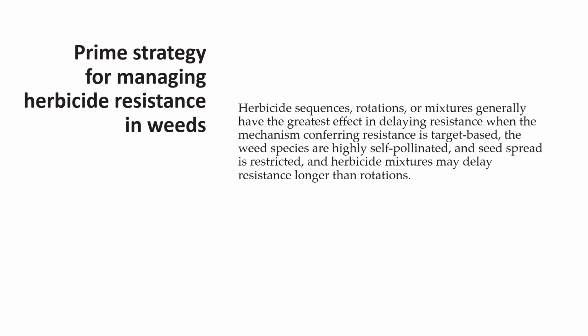So the strategies that can manage herbicide resistance can be rotation or mixtures. Rotation sequences and mixtures generally have the greatest effect in delaying resistance when the mechanism conferring resistance is target-based, or the weed species are highly self-pollinated, or the seed spread is restricted.